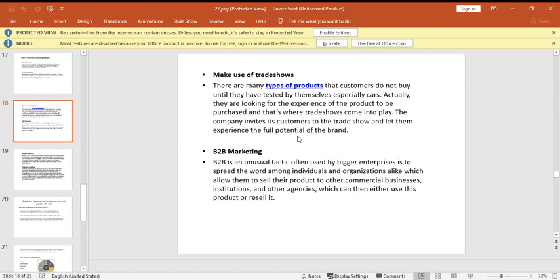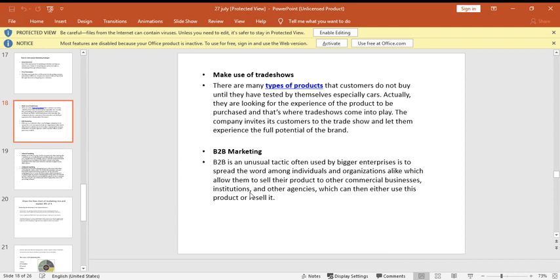There are many types of products that customers do not buy until they have tested them by themselves, especially cars. In apparel also, some customers won't buy at once. They'll see that product, and ask their friends whether it is good quality or not.